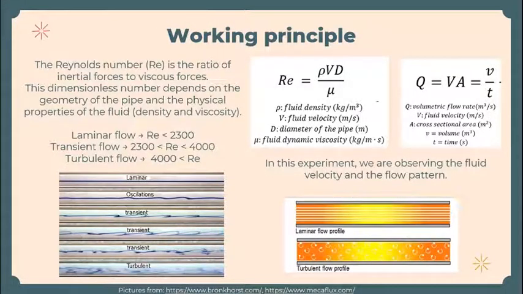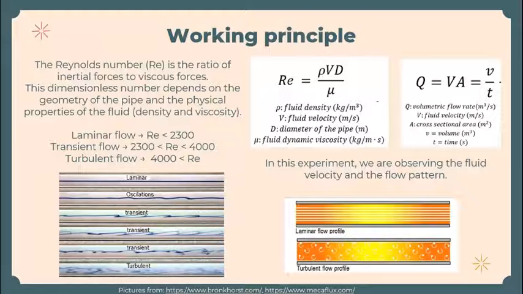Next, here is the working principle of the Reynolds number experiment. So, the Reynolds number is the ratio of inertial force to viscous force. This dimensionless number depends on the geometry of the pipe and the physical properties of the fluid, such as density and viscosity. In fluid flow, there are 3 types.